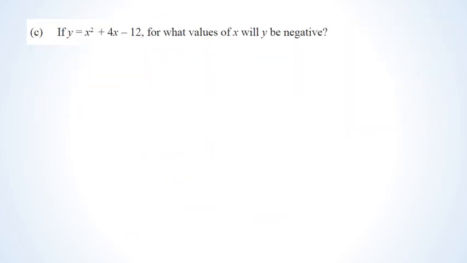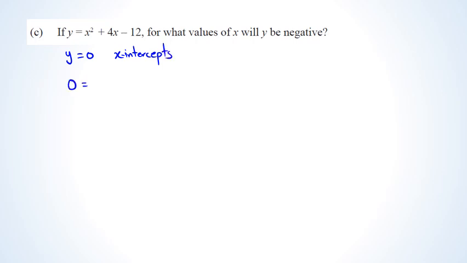So here we have a quadratic, and we've been asked for what values of x will y be negative. Now, if you had seen the previous videos in this series, you would know that for this question, you would actually have to find out the x-intercepts and then work backwards. So first thing I'm going to do is put down y equals 0 to find my x-intercepts.